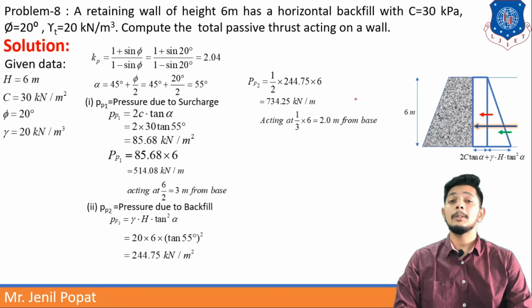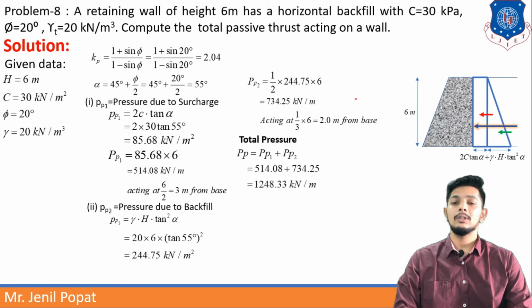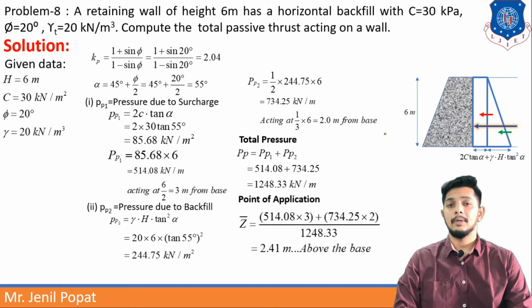So this is pressure force 1, pressure force 2. So total pressure force PP will be 1248.33 kilonewton per meter, and total pressure force will act at the mean of both the pressure forces.